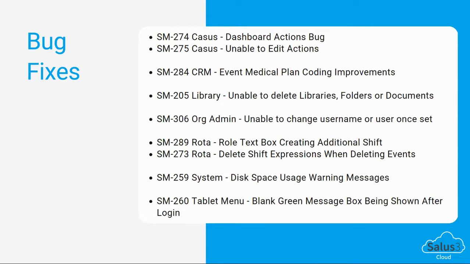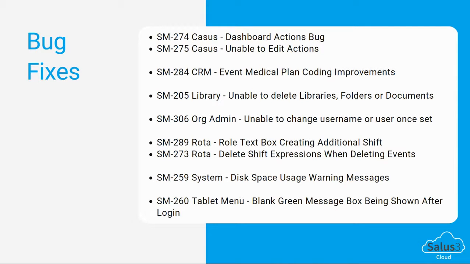And then when rota events or shifts are being deleted, if any staff have expressed their interest in covering that shift, they will still sit in the background, giving you an incorrect number on your dashboard page, saying, for example, you'd have 10 expressions, but only 3 would appear in the list. So there's the bug fix to delete those when you delete events.